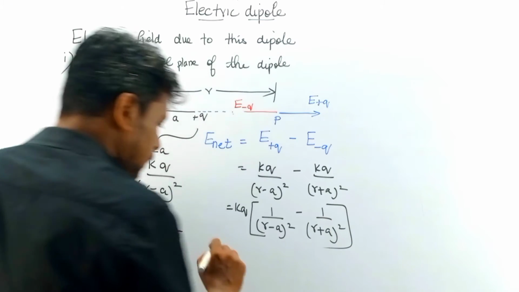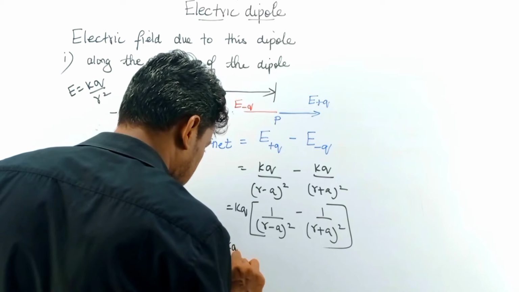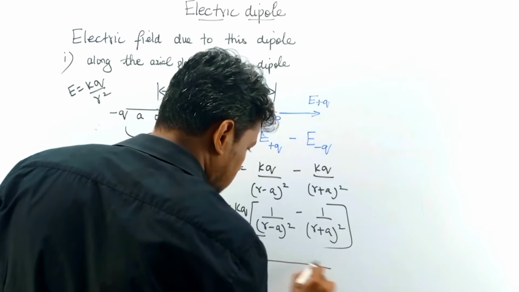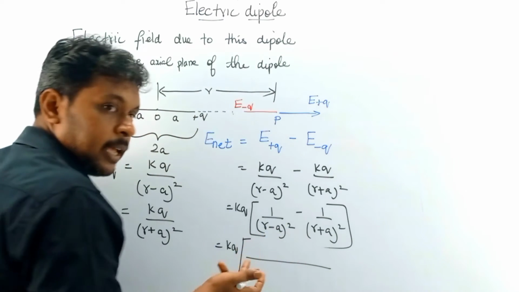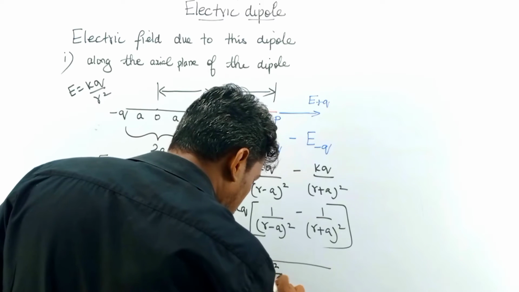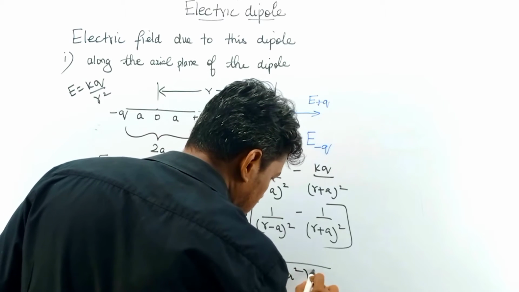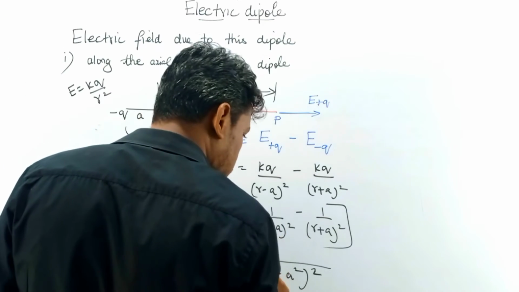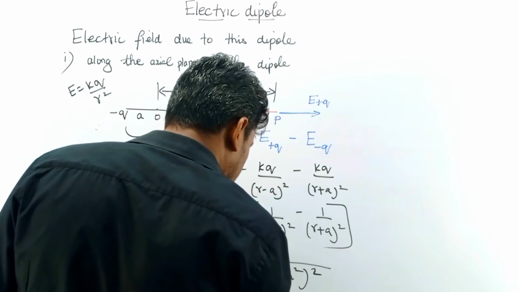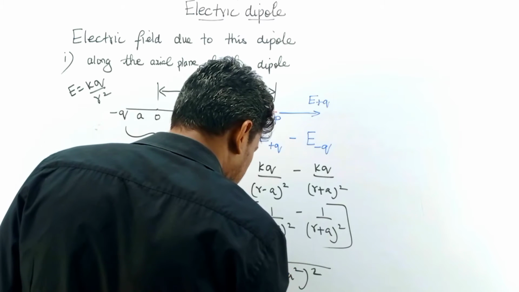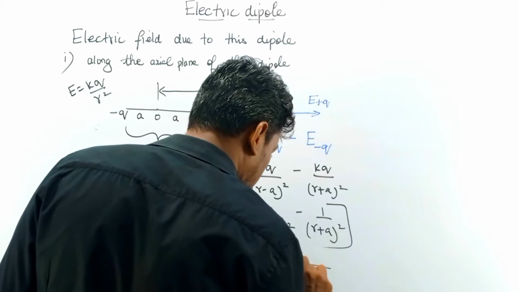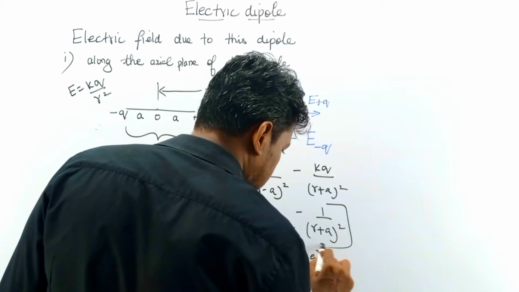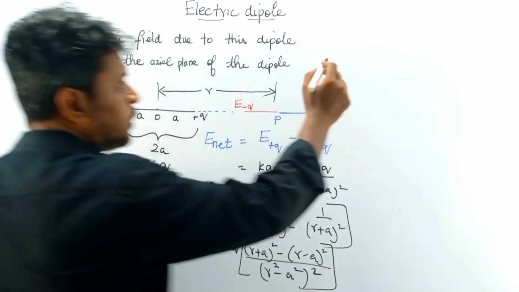When you do the calculations, the denominator is nothing but the expansion of this term, (r square minus a square) the whole square. When you take these terms to the numerator, it is (r plus a) the whole square minus (r minus a) the whole square.